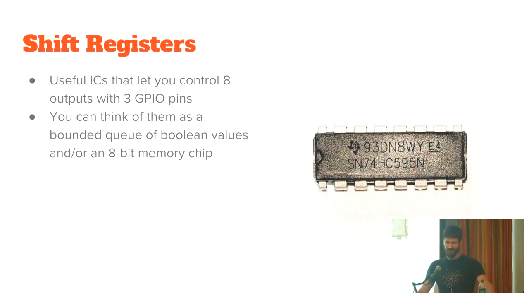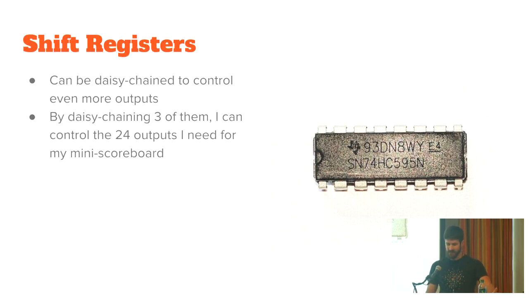A shift register you can think of as a binary queue or an 8-bit memory chip, basically. Another nice feature is that you can daisy chain them together, which means you can take the last pin on one of them and hook up another one to it, and the values just continue to get pushed through to the next one. I was able to hook up 3 of them, one after the other, and you still use the same 3 pins on your Raspberry Pi, and you can hook up many of these in a row to have many outputs.